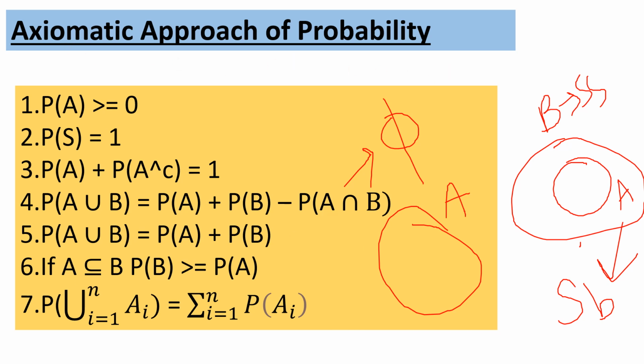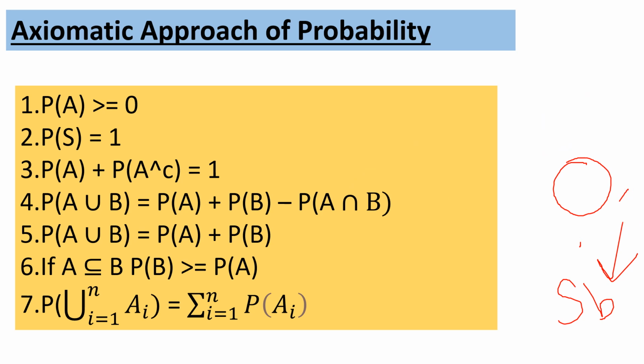And one more thing is left, I will explain it, which is this axiomatic probability satisfies the three properties. This probability of A greater than or equal to 0 is also called as the positive one. This is also called as positive.